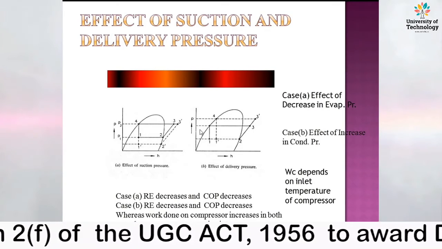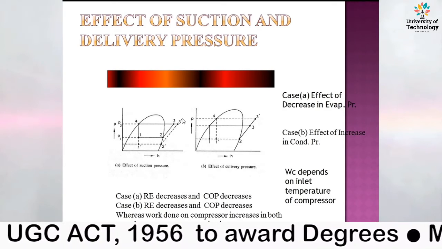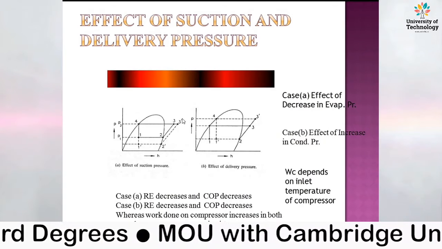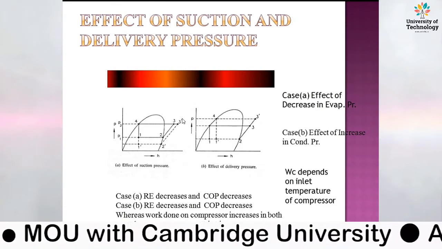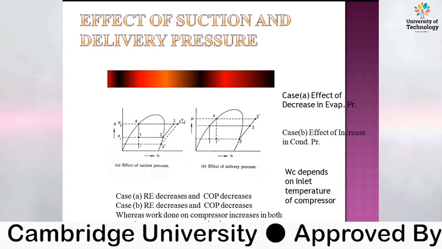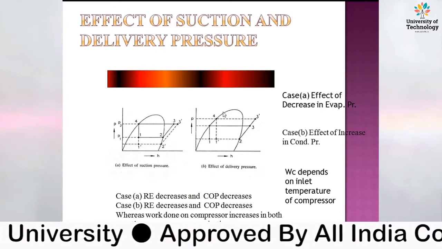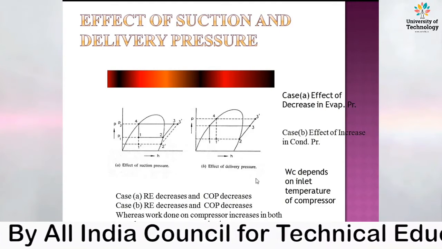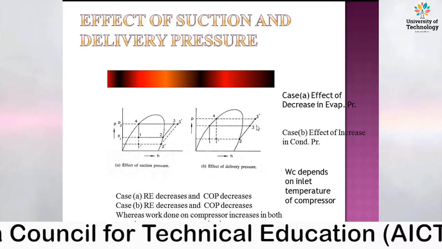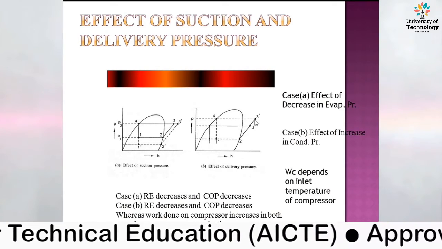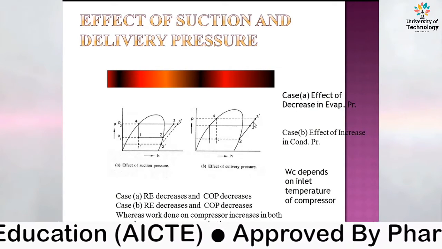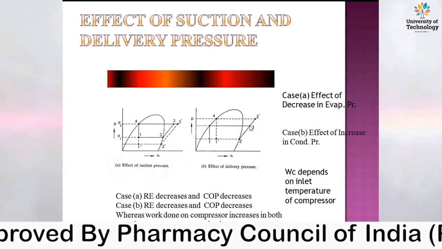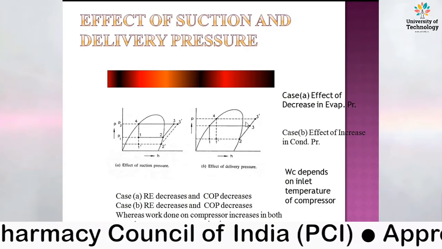Now condition number 2. What will be the effect of delivery pressure, which can be easily evaluated with this p-h chart? By increasing the delivery pressure, the initial delivery pressure is P3 and the final delivery pressure is P3 dash. This is the condensation process in the initial condition, and this is the condensation process in the final condition after increasing the delivery pressure or condenser pressure.